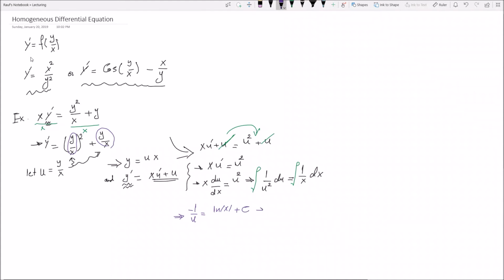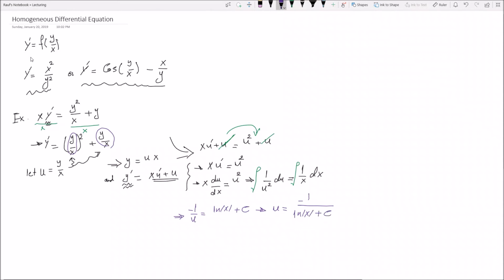From that, we can obtain the u value: u equals minus 1 over ln the absolute value of x plus c.